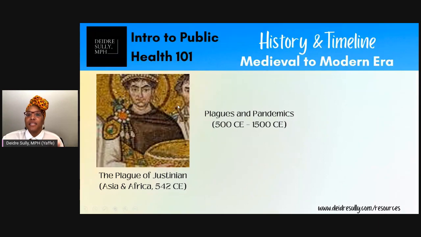The first cases were in Roman provinces in the east and in the Far East, meaning Asia and Egypt, around 541, at least a year before appearing in the Roman Empire capital of Constantinople, which is modern day Istanbul, Turkey, in 542 CE.